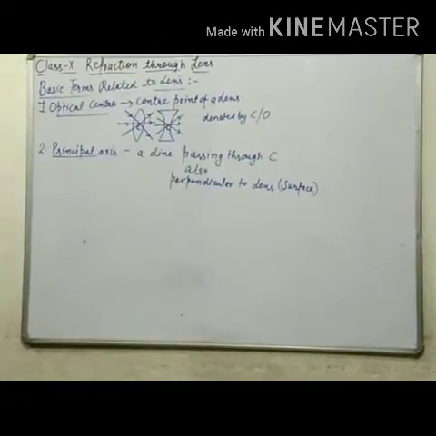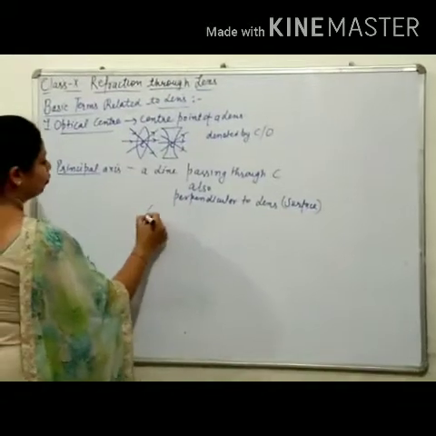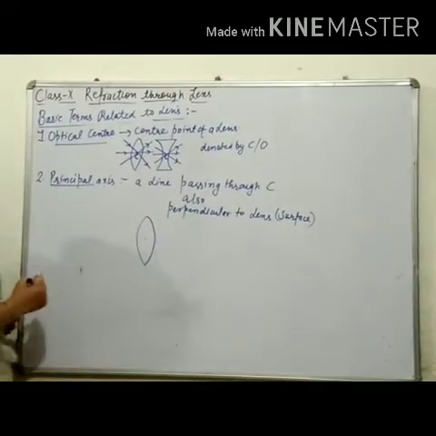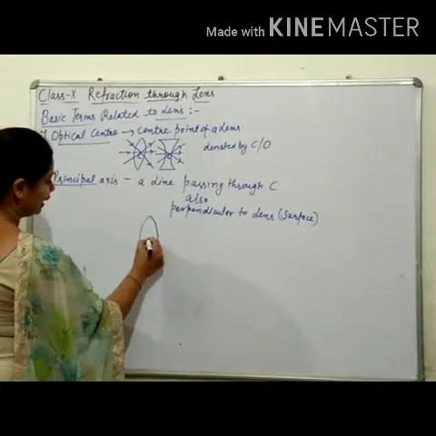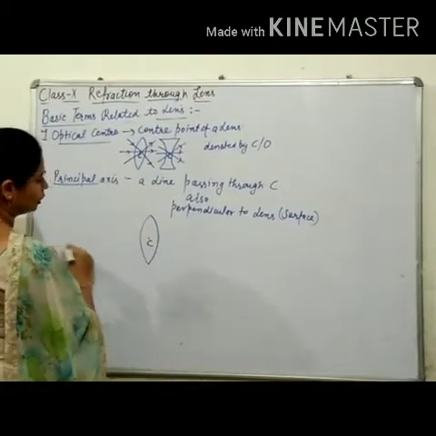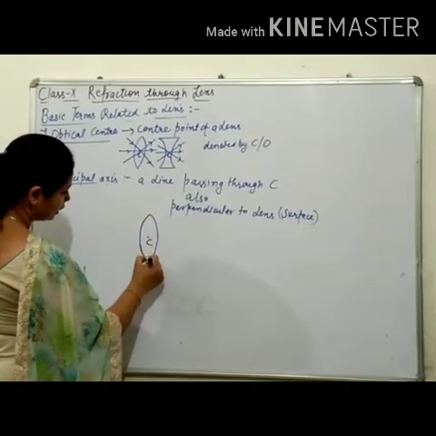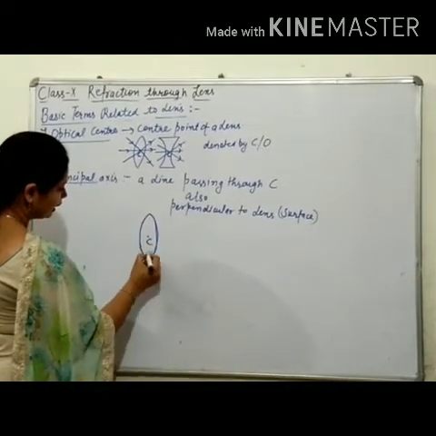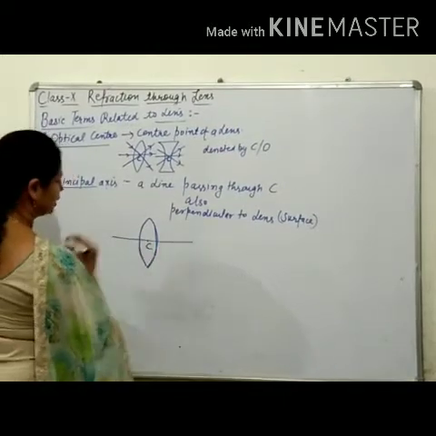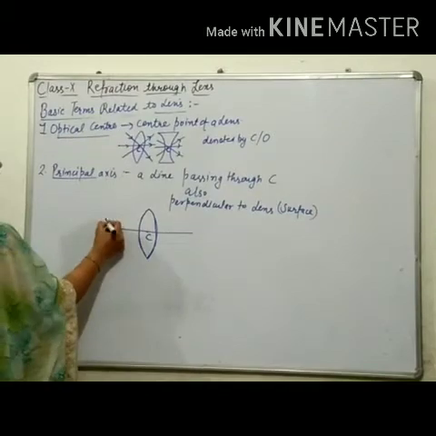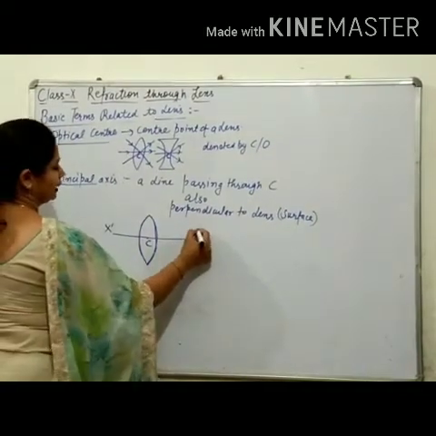Okay. So what is principal axis? Now, this one is our convex lens and this one is our optical center. A ray that is passing through C and perpendicular to the surface, this first surface and the second surface, is known as principal axis. We can represent it by X dash, Y dash.